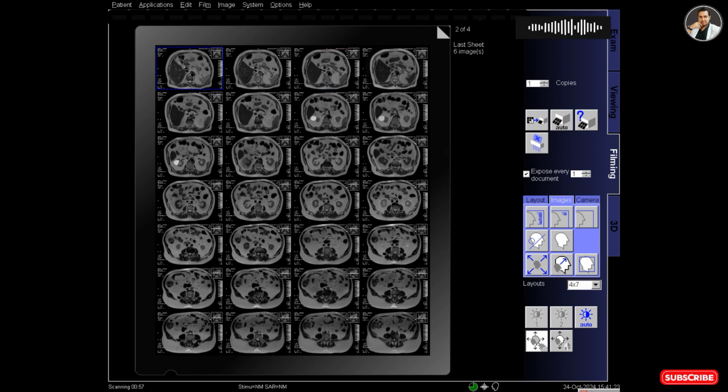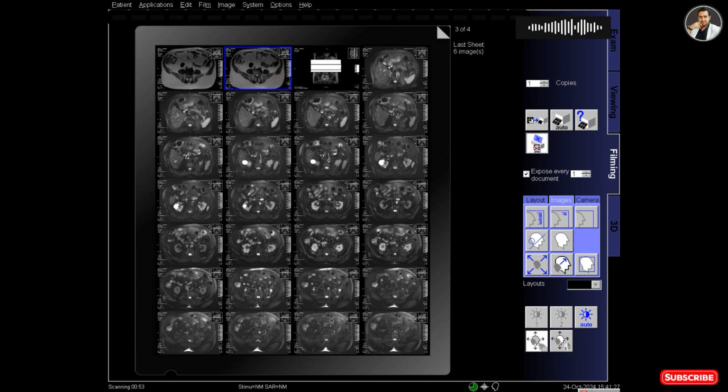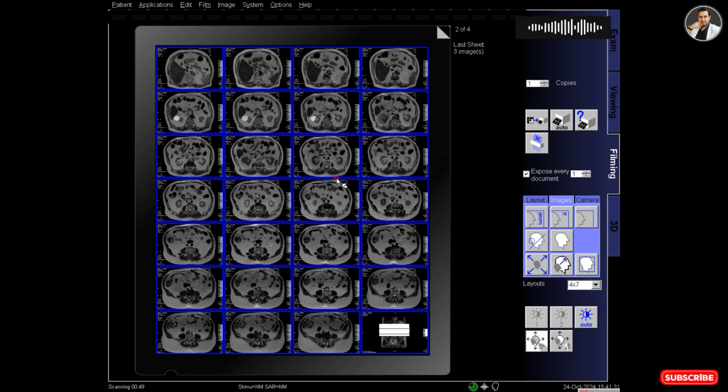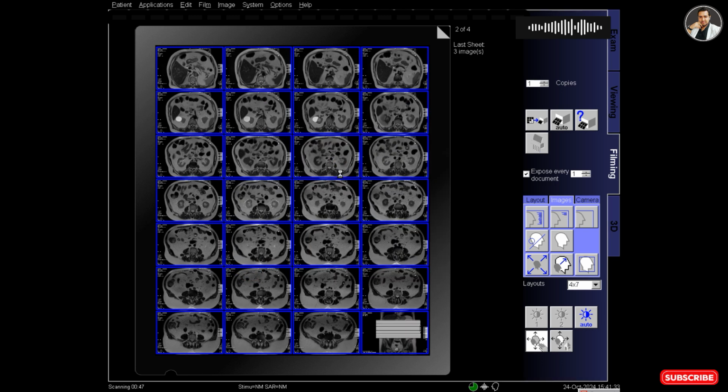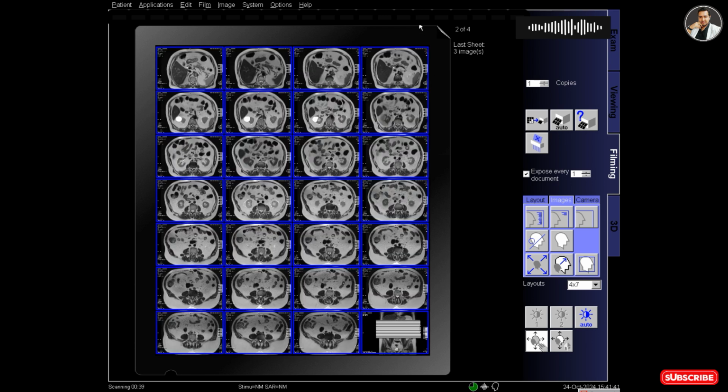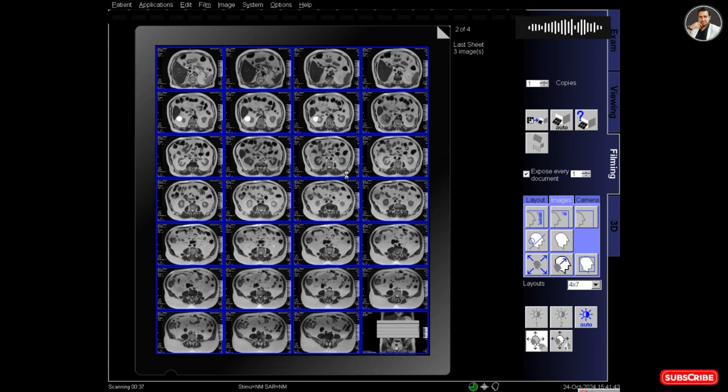I have selected 4:7, so I have to delete some extra images. So this film contains 47 axial images and 27 axial images and one reference image. This is the T2 coronal image, and this is T2 axial.